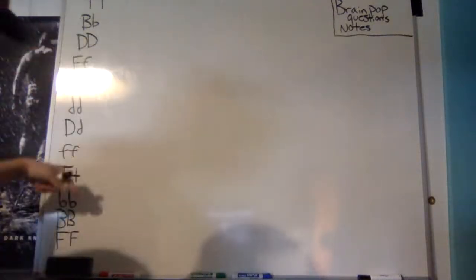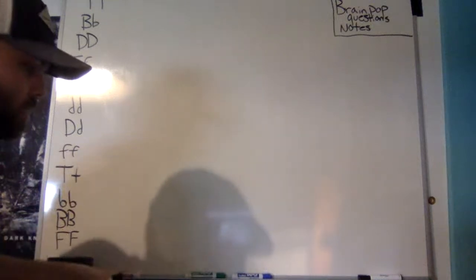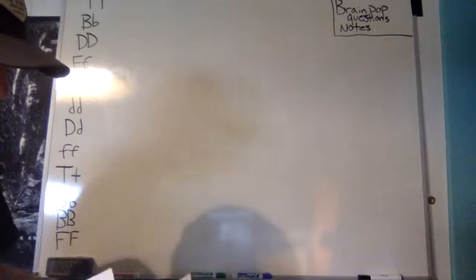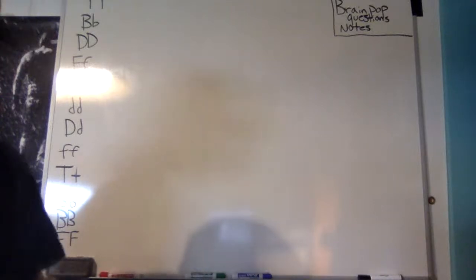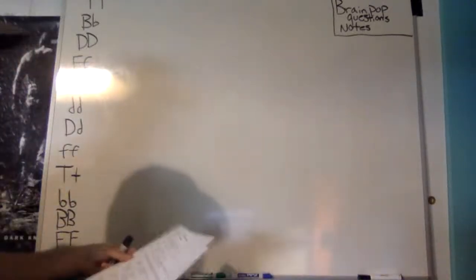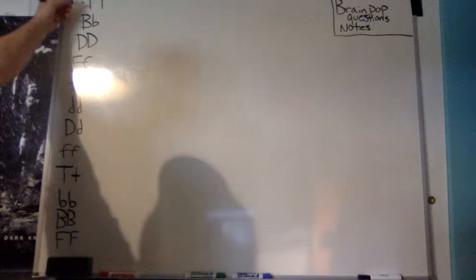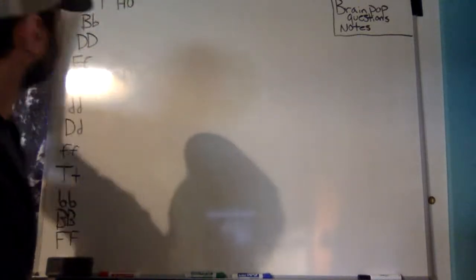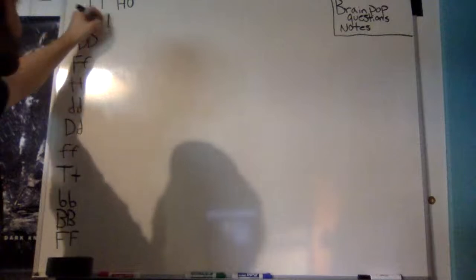So the first part gave you a bunch of different alleles, okay? And all you had to do was put an HO or an HE. HO is if it's homozygous, and HE is if it's heterozygous. So every time you see the same letters, like TT, it's going to be HO because it's the same. Big B, little b, it's going to be HE.